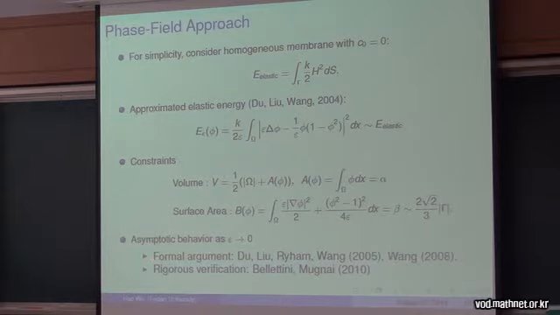This argument was formally done by Qiang Du, Chun Liu, and his collaborators in 2005, and some rigorous verification by gamma convergence, the gamma limit, was done by Bellettini and Mugnai in 2010.